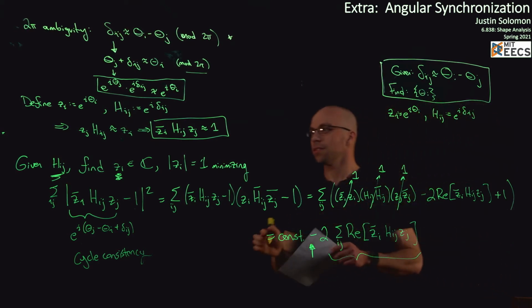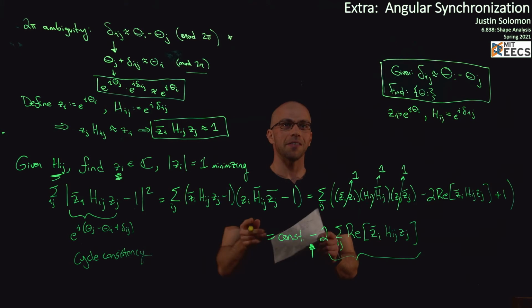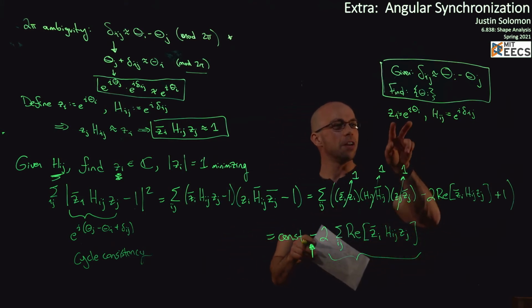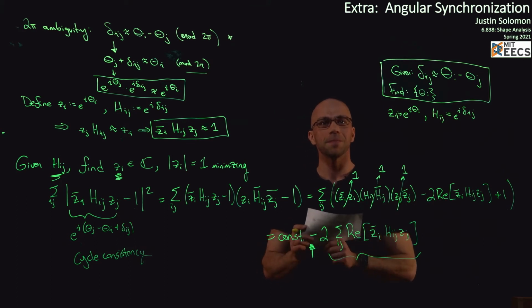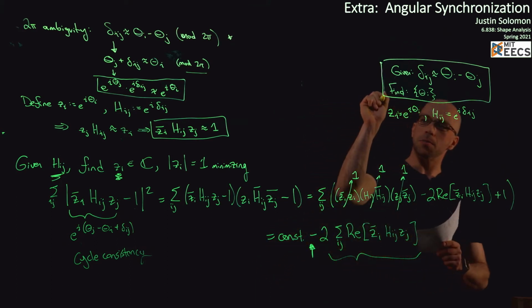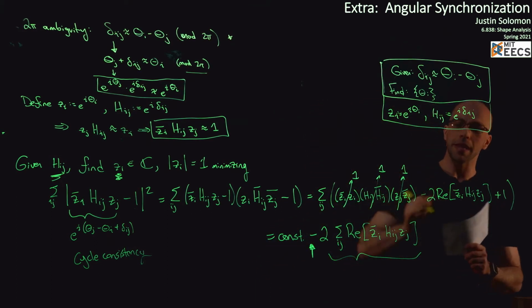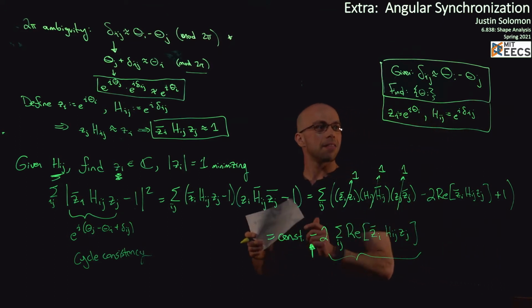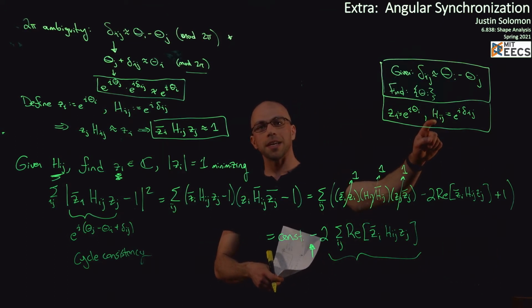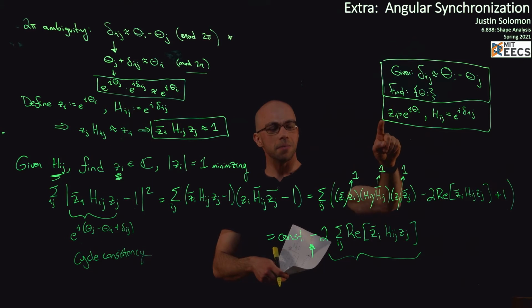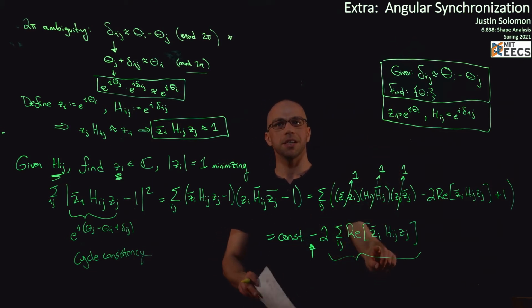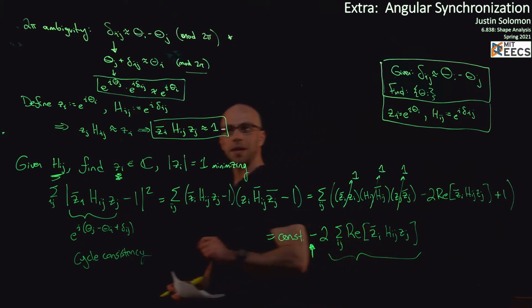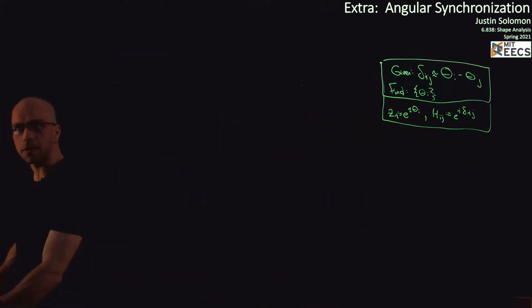I'll just copy these two expressions so that we have them handy. The main point here is that if we know the z's, we know the thetas, and if we know the thetas, we know the z's, and similarly here. We'll put that in our little pile of useful things. And so our input is the h's, which are inconsistent maps, and our output is going to be the z's. And we're going to get them by maximizing this expression here. Okay, so let's erase a little bit and write our optimization.